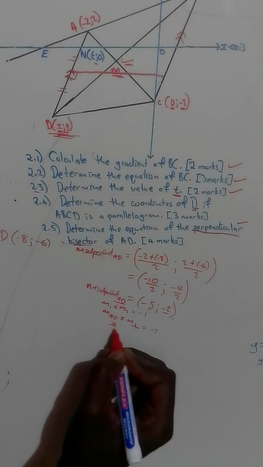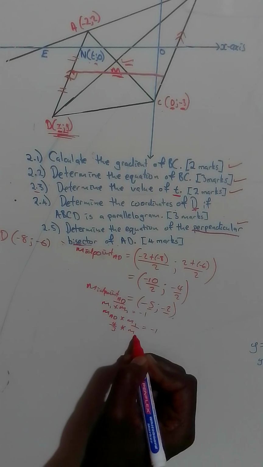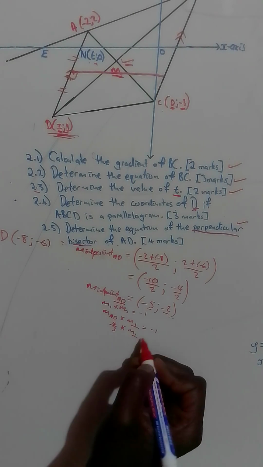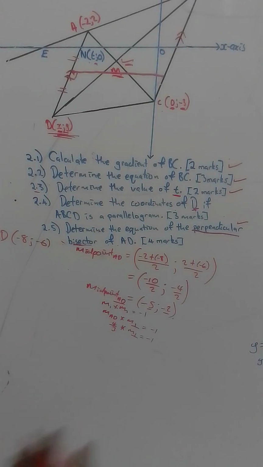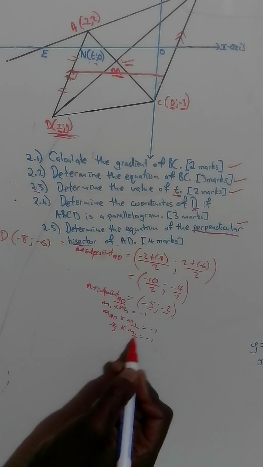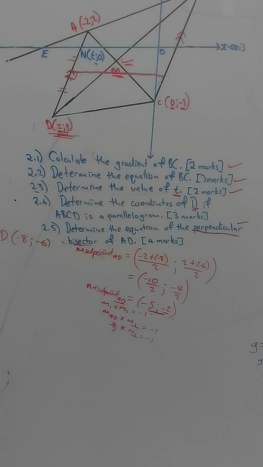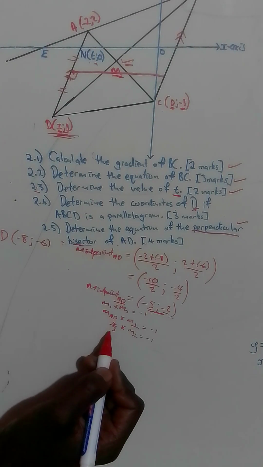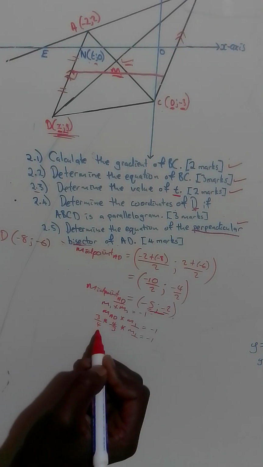So now I come in and I say 4/3 multiplied by the gradient of perpendicular lines like that, which is equal to -1. Now what am I doing? I'm trying to find the gradient of this midpoint, right? So what do I do next? When I want to get rid of this, I can come here and multiply by 3/4.